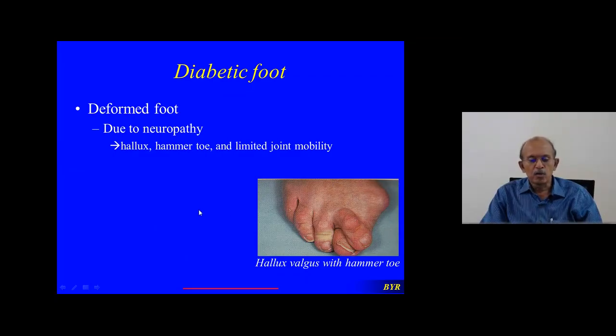I hope you know about valgus and varus deformities. What is valgus deformity?